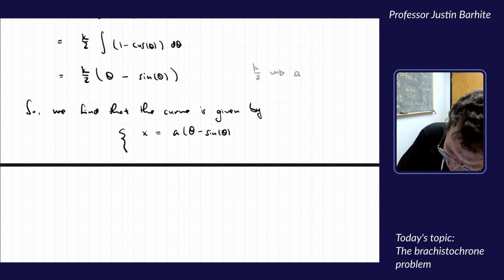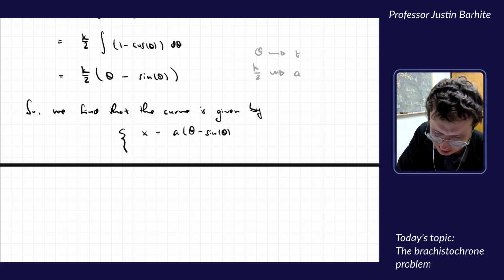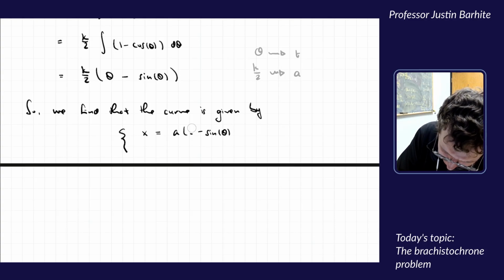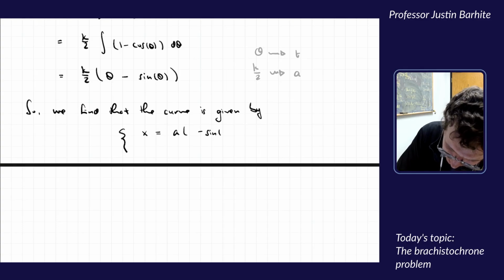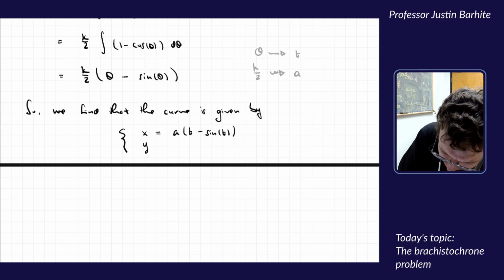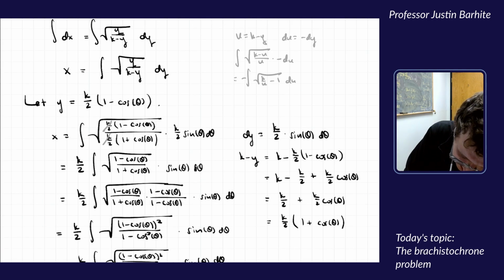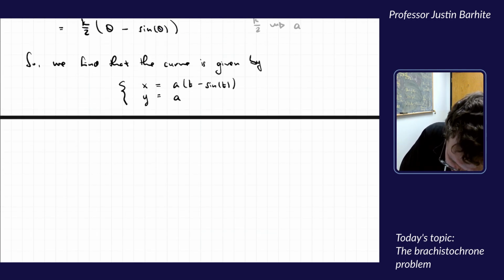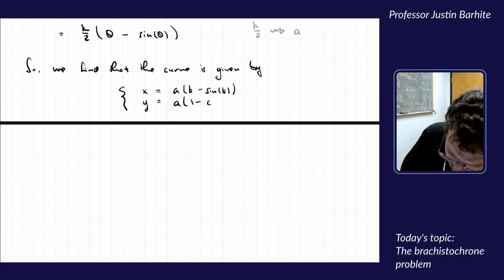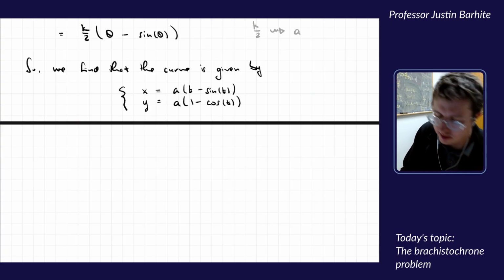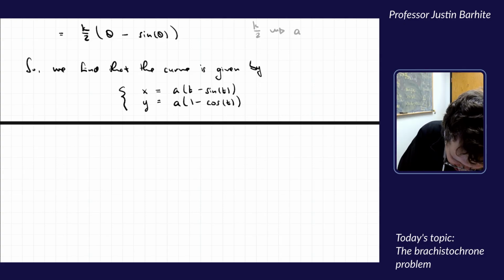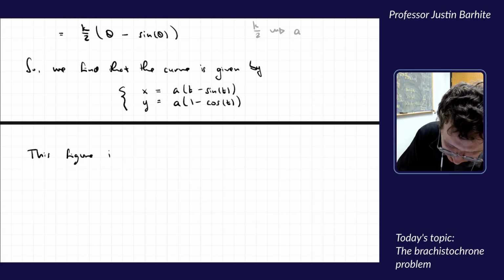We're used to using t for the parameter, so I'm just going to rewrite theta as t. It doesn't matter what I call my variable. And y equals, let's see, it was a times 1 minus cosine of t. So here are these equations. And this figure is called a cycloid. I will show you a graph.